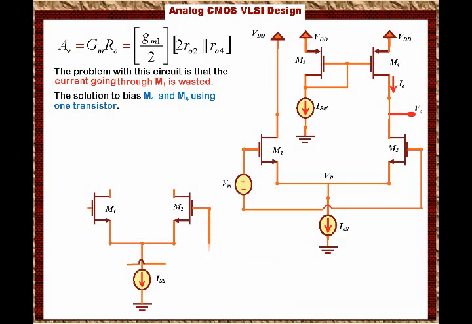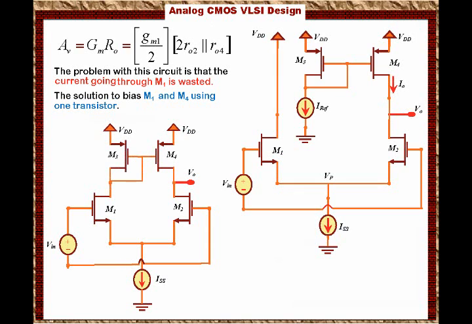Now when we go to the load, here is M4, but M4 is biased using M3, and M3 has the same current as M1. And this is a little bit clever because now we do not waste the current going through M1. We have to make sure that M3 is a mirror of M4 because you want to make sure that the circuit is as symmetric as possible.